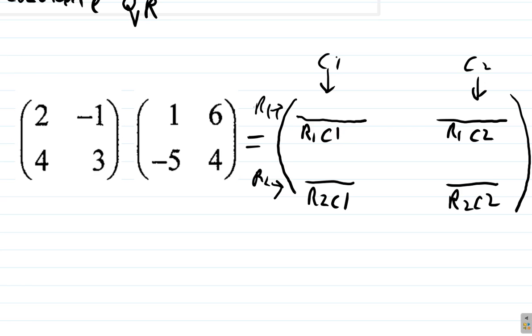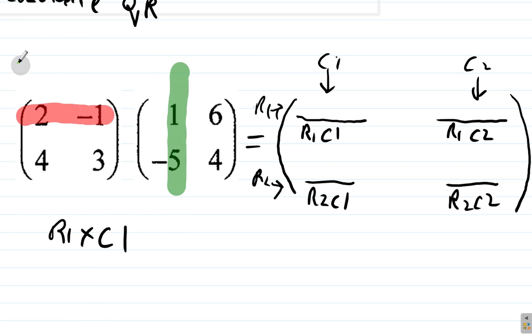So, row 1 times column 1. You're going to multiply this row by this column. Row by column. You multiply the first elements, first by first.